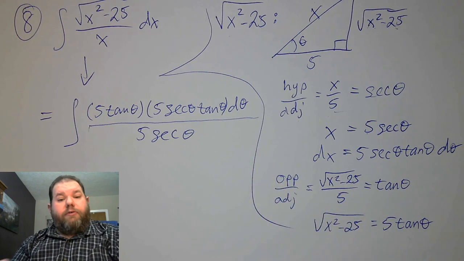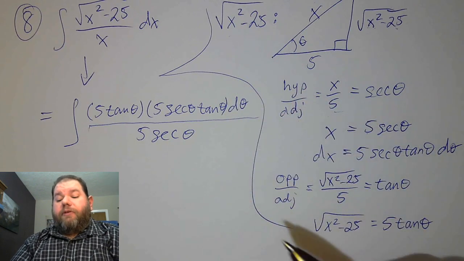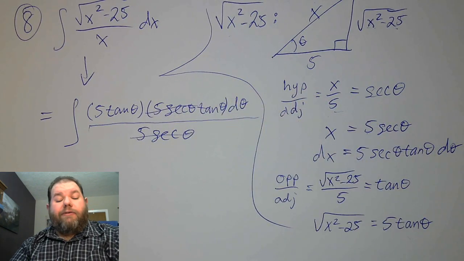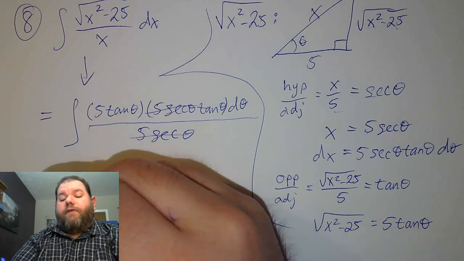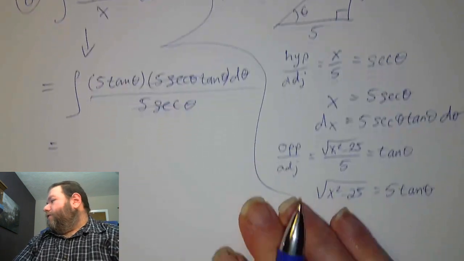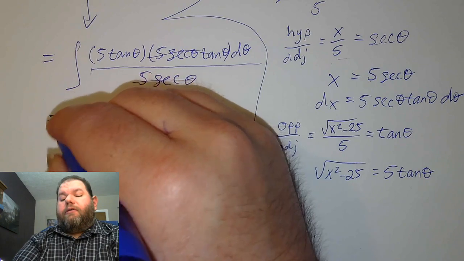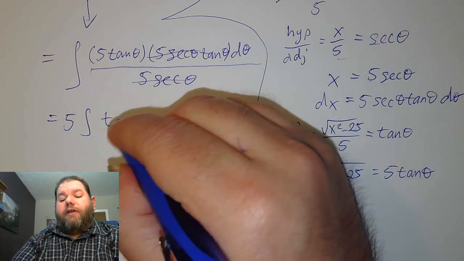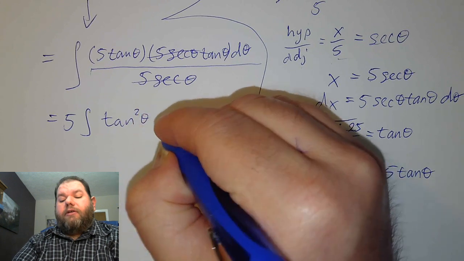Alright, now we go ahead and we want to simplify. Now, this one we can see very quickly. 5 secant theta cancels. We have an additional 5, which I'll go ahead and factor out. And then we have tangent times tangent, so we actually just have tangent squared theta d theta.